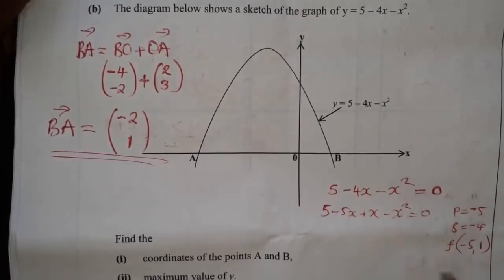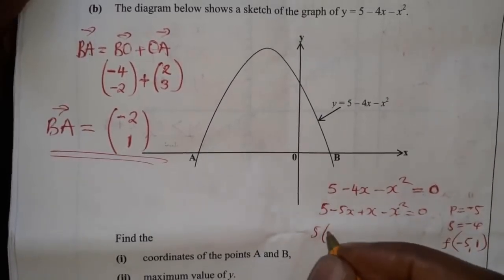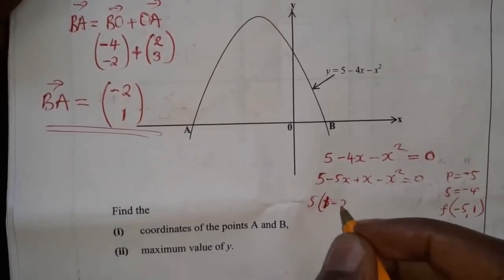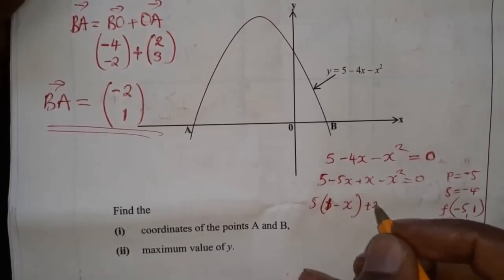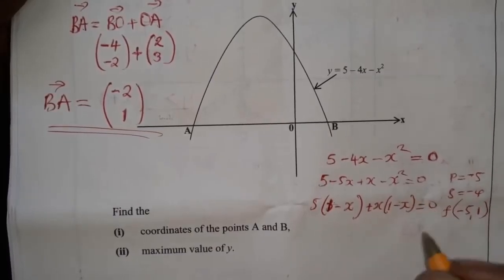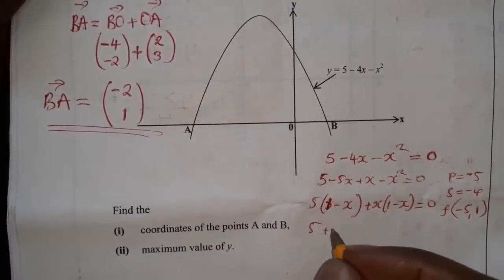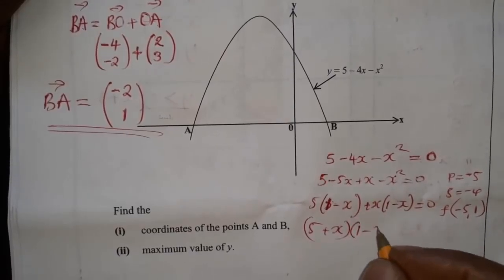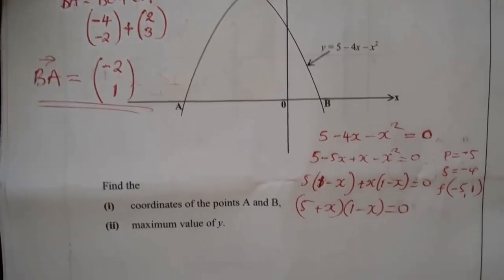It's equal to 0. We solve this: 5 plus x, and 1 minus x is equal to 0.